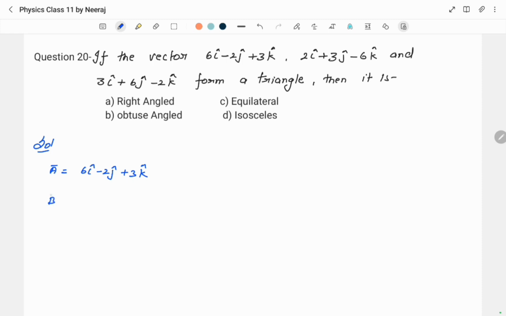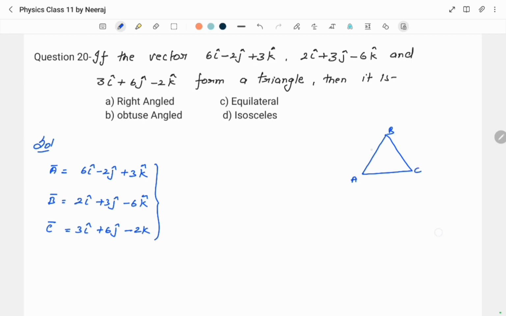And vector B is given as 2i plus 3j minus 6k. And vector C is given as 3i plus 6j minus 2k. Okay, these are the given vectors and they are forming a triangle. Suppose they are forming this type of triangle. This is A, this is B and this is C.